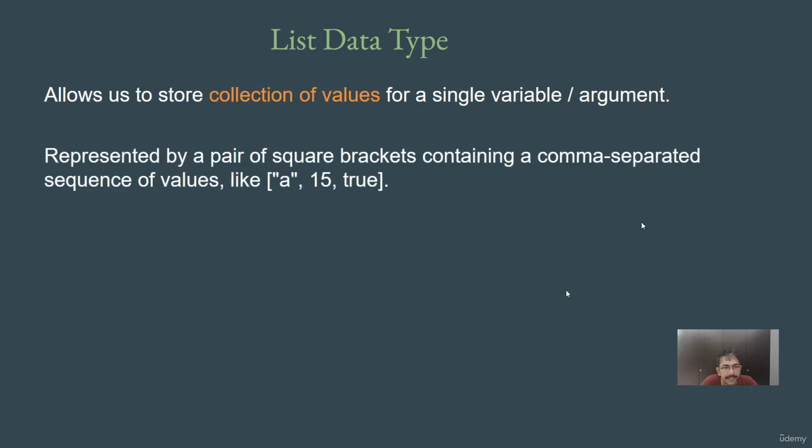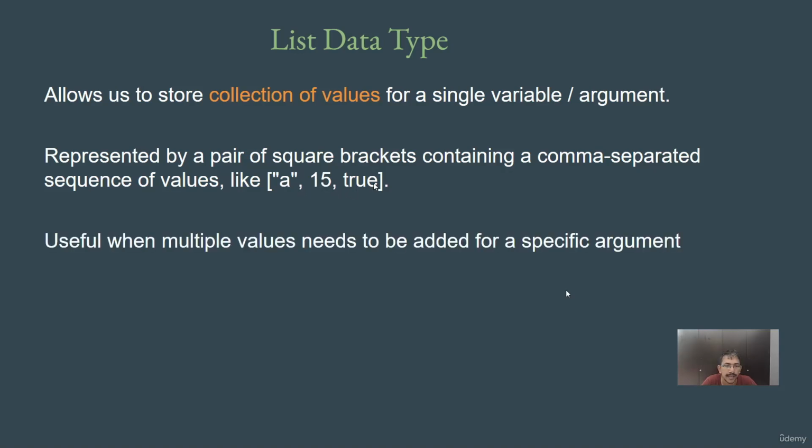Now the list data type is represented by a pair of square brackets, something similar to, you see, you have a square bracket here, a square bracket here, and inside the square brackets you have multiple values in a comma separated sequence. So you have the first value A, then a comma, second value, comma, third value, and so on. And as we were discussing, the list data type is useful when multiple values need to be added for a specific argument.